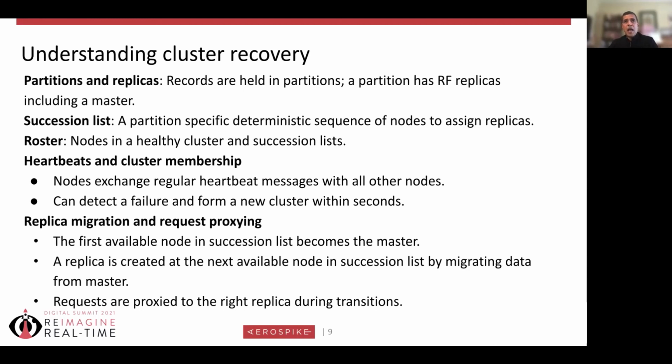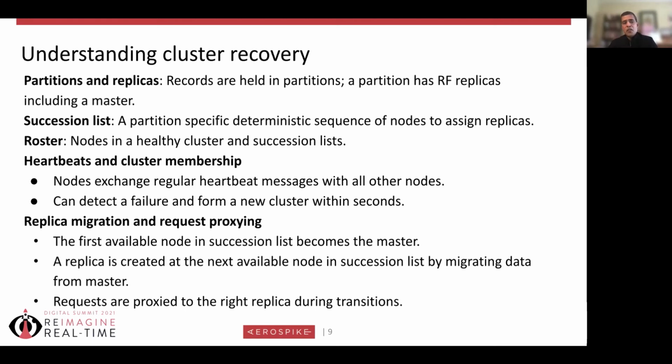You hash the key of a record and it falls in one of the 4096 partitions that define a namespace. And each partition has a replication factor number of replicas. And these replicas are distributed across the nodes of the cluster.